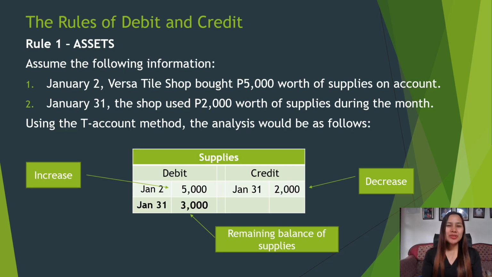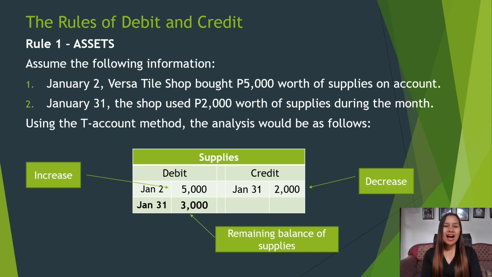Okay, in order for you to understand the first rule, the rule on asset, let's take as an example the given transactions. Assume the following information. January 2, Versa Tile Shop bought 5,000 worth of supplies on account.